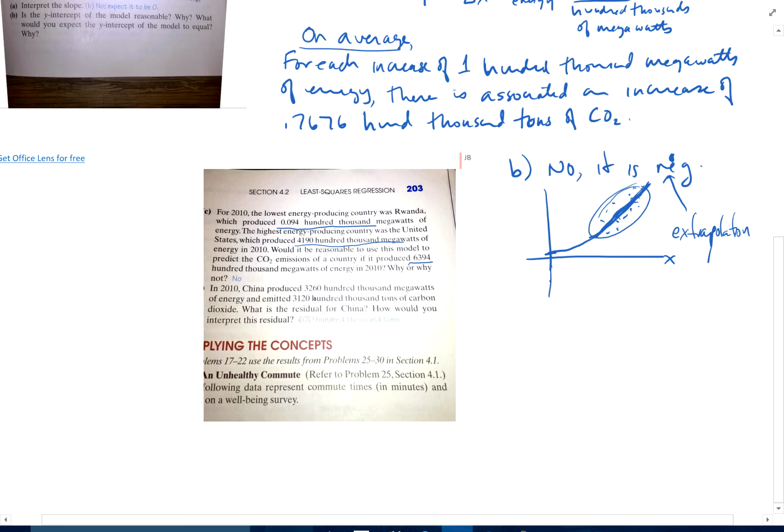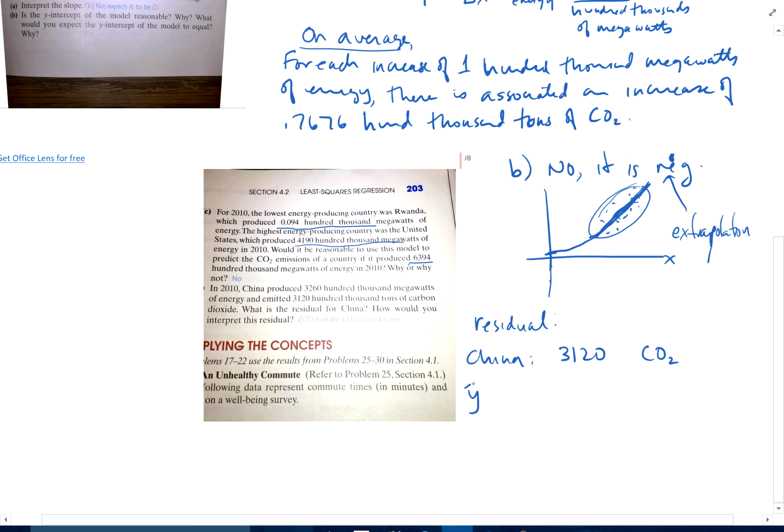In 2010, China produced 3260 and emitted that much, in 100,000 tons of carbon dioxide. What's the residual? Okay, so China emitted 3120 100,000 tons of carbon dioxide.